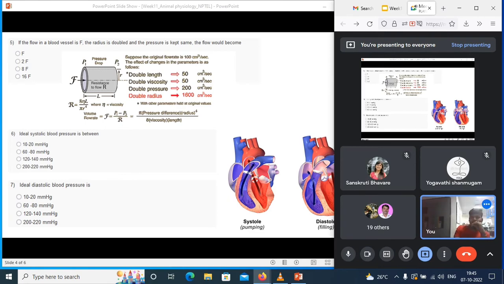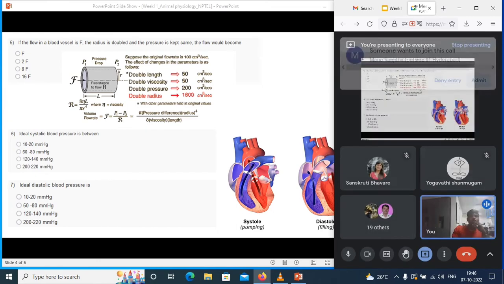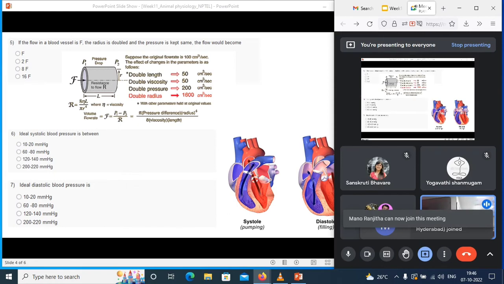Now you will find there are two kinds of pressure, one is systolic and one is diastolic, right? The systolic pressure is the pressure with which the heart pumps to eject the blood to the entire body. And the diastolic pressure is the pressure with which the heart pumps in order to get the blood into the lower chamber. Now the pulse pressure is basically defined by the combination of both. Both systolic and diastolic pressure result in the pulse pressure.